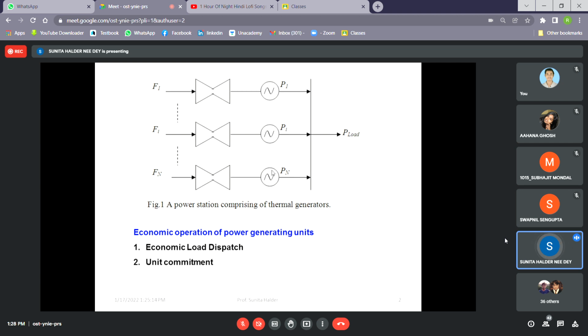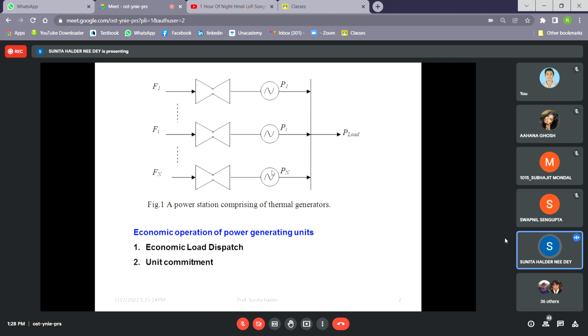So actually, this is the one schedule, that is the one plan. Say for a particular load, how much generation will be scheduled to a particular generator. That is economic load dispatch. Why load dispatch then, not generation schedule? It is also called generation schedule, but it is more termed as economic load dispatch, because we are transferring power to the consumer.